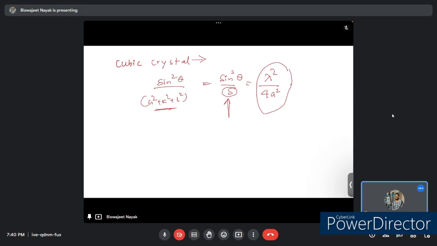So, indexing patterns of a cubic crystal. For a cubic crystal, the diffraction lines we get from Bragg's law would satisfy this equation.